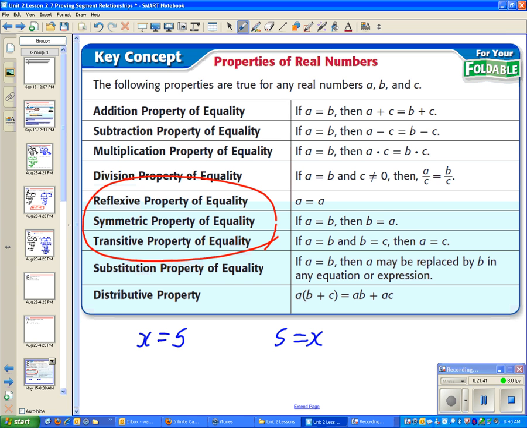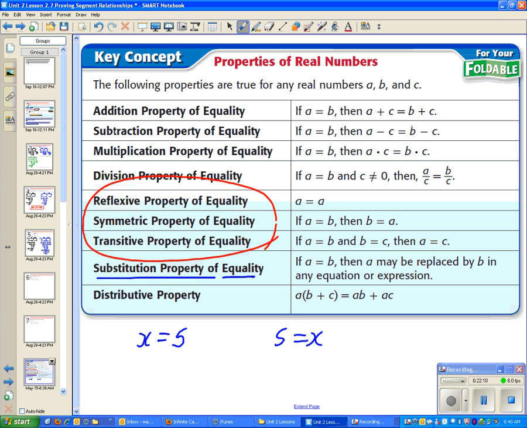Okay? All right. Substitution, we're going to use a lot, and we used it today already, didn't we? When we went back and found the length of AC or YZ or whichever one it was, didn't we substitute a number in for X? The substitution property says if A equals B, then A may be replaced by B in any equation or expression.